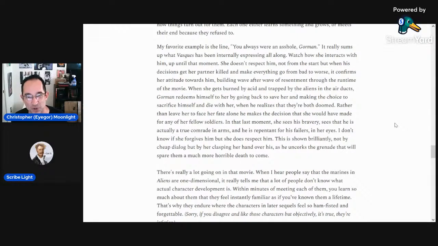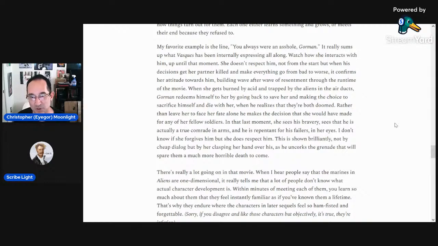When she gets burned by acid and trapped by the aliens in the air ducts, Gorman redeems himself to her by going back to save her and making the choice to sacrifice himself and die with her when he realizes that they're both doomed. Rather than leave her to face her fate alone, he makes the decision that she would have made for any of her fellow soldiers.